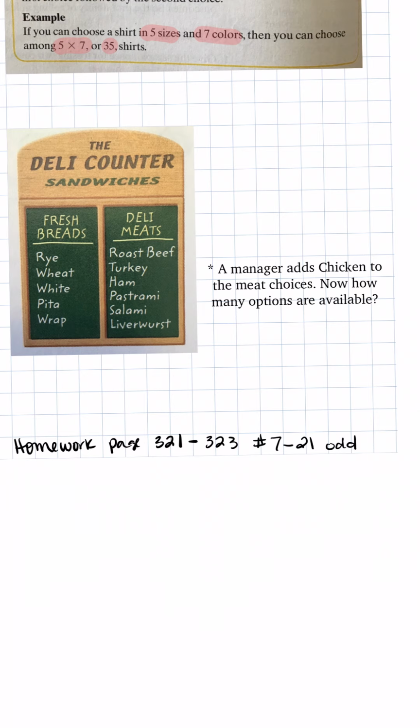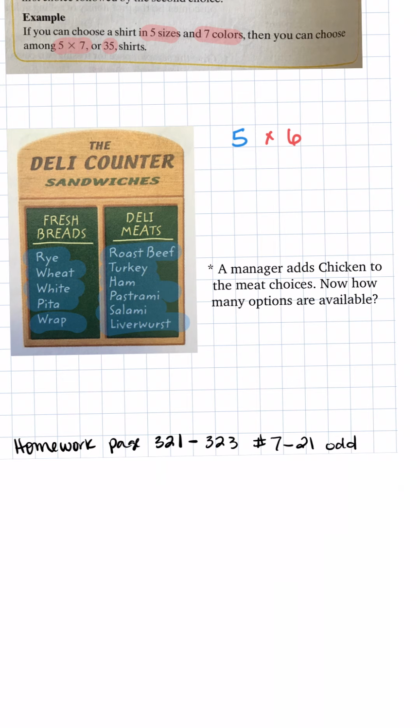So let's look here. We have currently 1, 2, 3, 4, 5 different types of breads. And then we have 1, 2, 3, 4, 5, 6 types of deli meats.